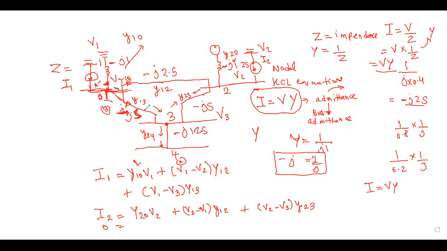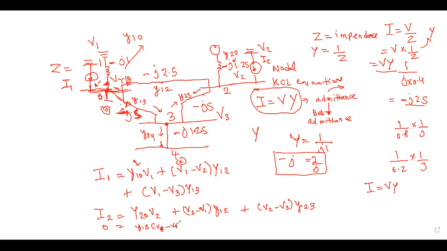The current is flowing to 3, right? So Y13 into V3 minus V1.